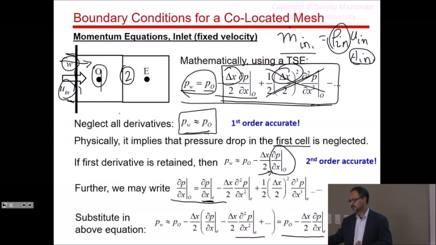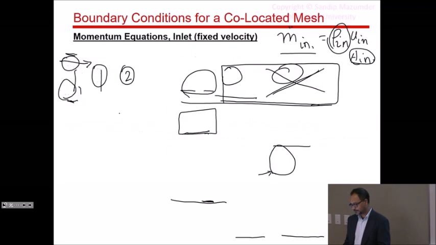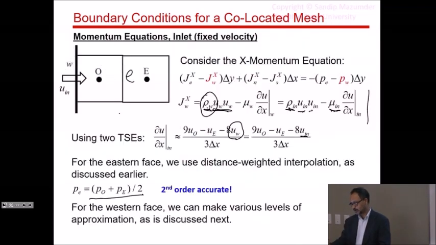So prescribed mass flow rate is no different than prescribed inlet velocity. You can convert one to the other. Okay. In fact, you see here this quantity, rho uw, which I wrote as that times delta y, is nothing but your mass flow rate itself. So you can simply replace that by the mass flow rate.